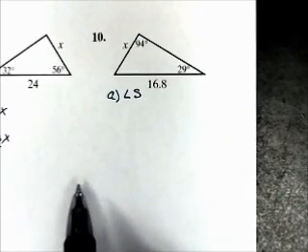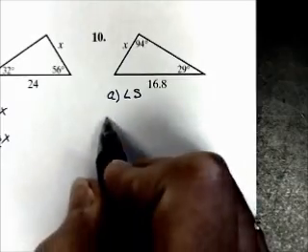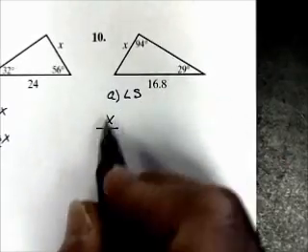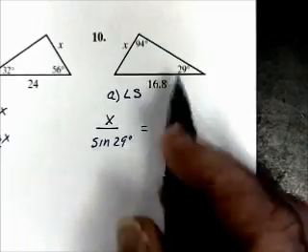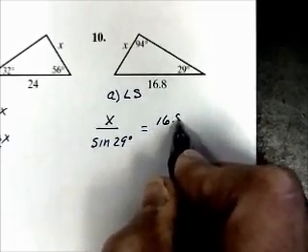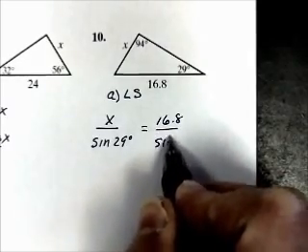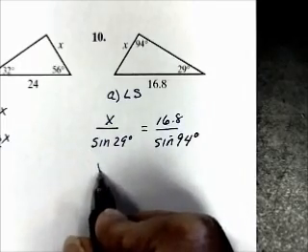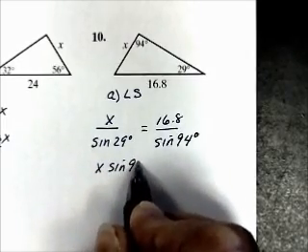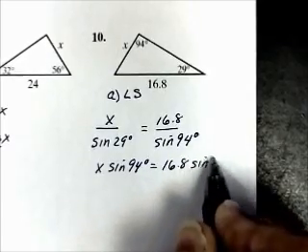And law of sines says we start with the length of the side opposite the angle, so I'll start with x, over the sine of the angle, over sine 29, equals, our other ratio would be 16.8 over sine 94. Cross multiply, x times sine 94 equals 16.8 times sine 29.